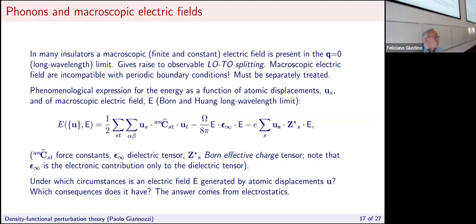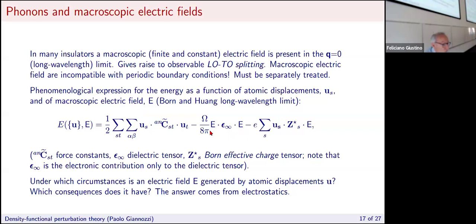So you add the macroscopic electric field to the system, and you write a quadratic term in the atomic displacement, which has the form that we know: the force constant matrix times the atomic displacements squared.